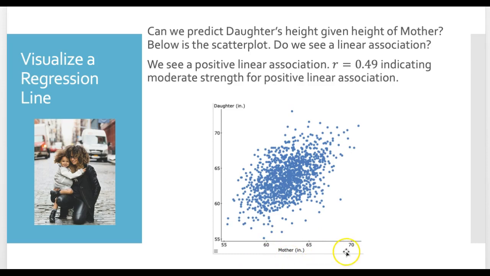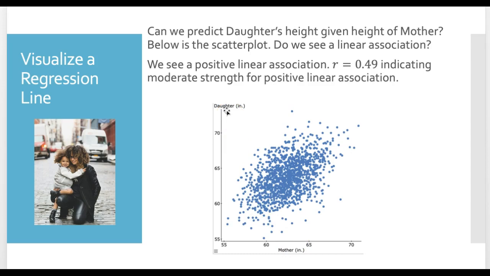We call it that because we're using this variable to help us predict that variable. Given the height of a mother, can we predict the height of the daughter? We're using the height of the mother to explain or predict the height of the daughter. This is of course our response or outcome variable.